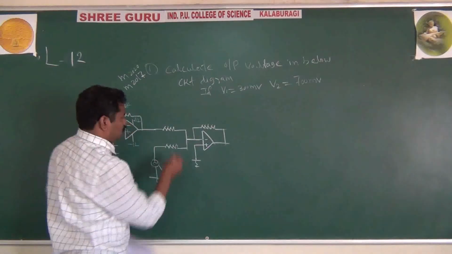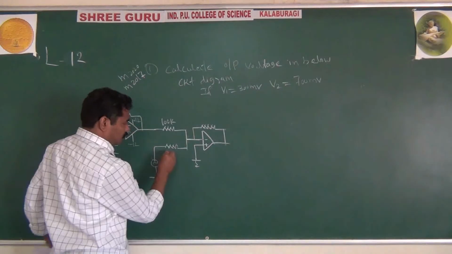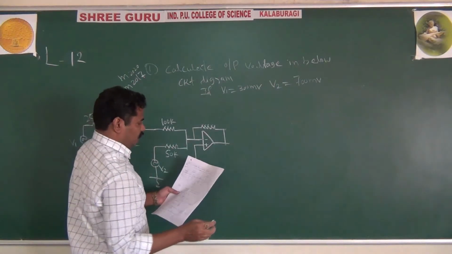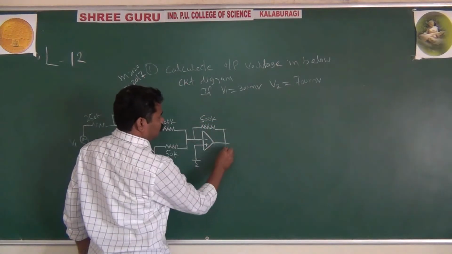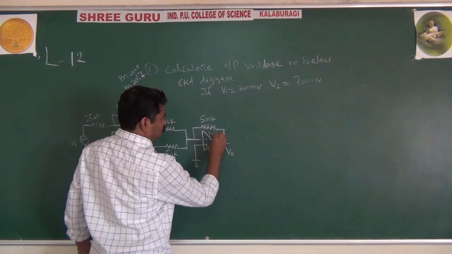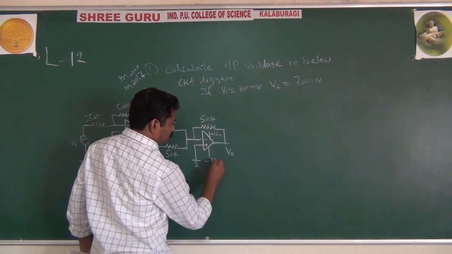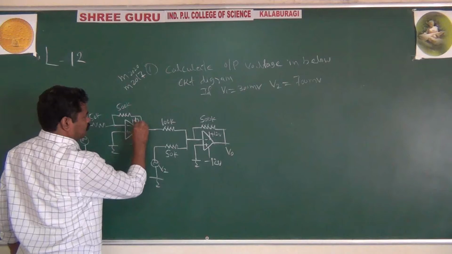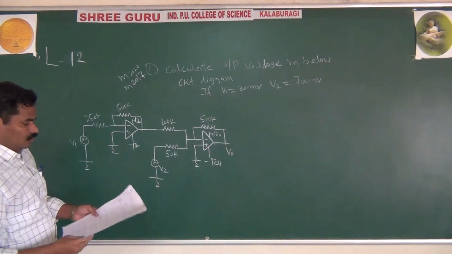Here they may apply 100k. This is also 50k, and here then 500k. We want the output voltage, with supplies plus 12 volts and minus 12 volts, and you have to find out the output voltage.